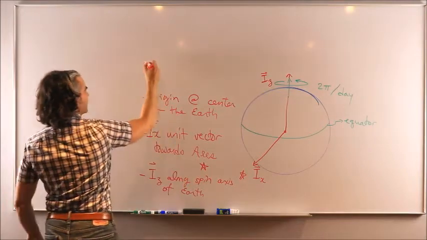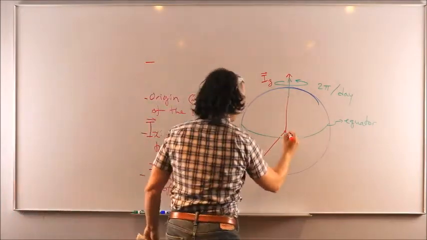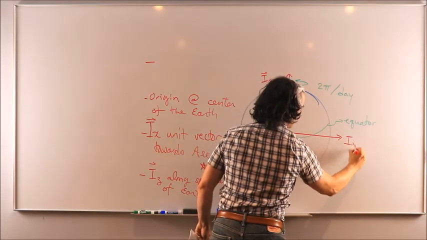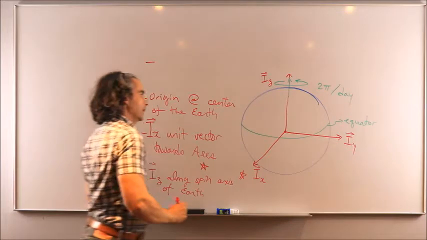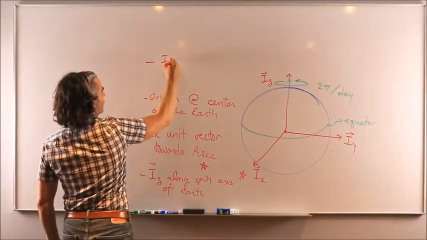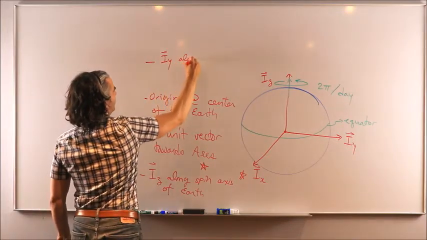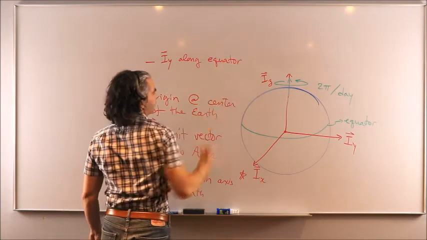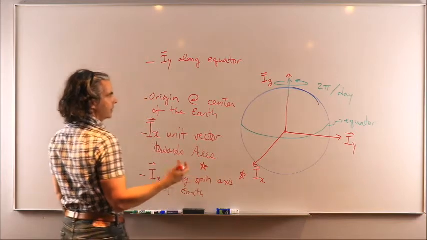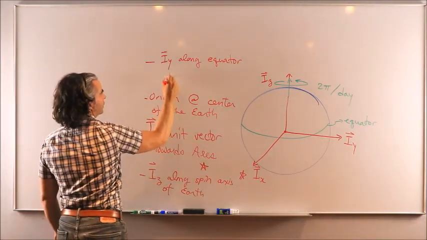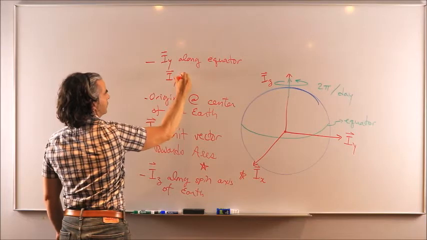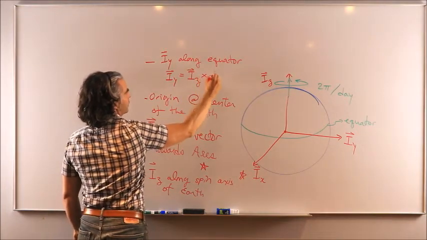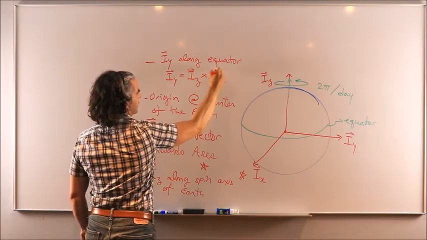And then it means that IY, the y unit vector of this particular reference frame, is along the equator, so in the equatorial plane essentially, and is given by the cross product of IZ with IX. Okay?